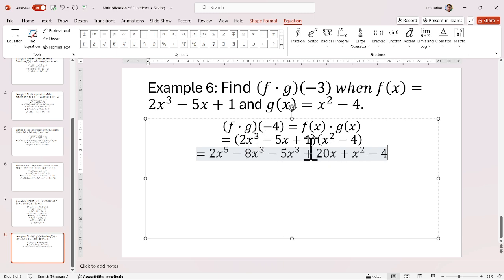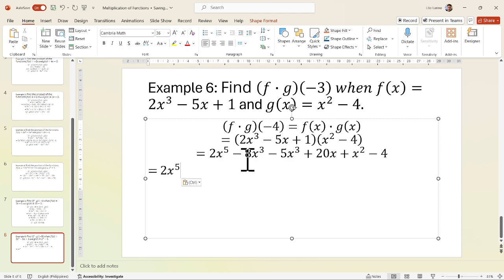Then 1 times negative 4 is negative 4. Okay, let's check. 2x cubed times x squared is 2x to the 5th power. 2x cubed times negative 4 is negative 8x cubed. Negative 5x times x squared is negative 5x cubed. Negative 5x times negative 4 is positive 20x. 1 times x squared is x squared, and 1 times negative 4 is negative 4. Then combining like terms, we copy 2x to the 5th power, and combine negative 8x cubed minus 5x cubed, we have negative 13x cubed.